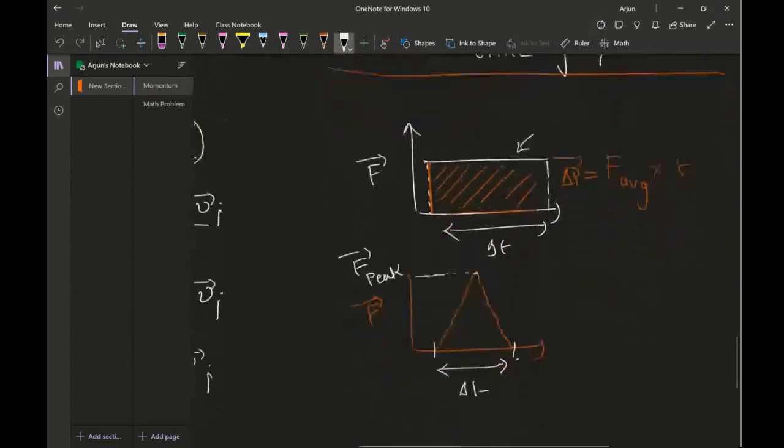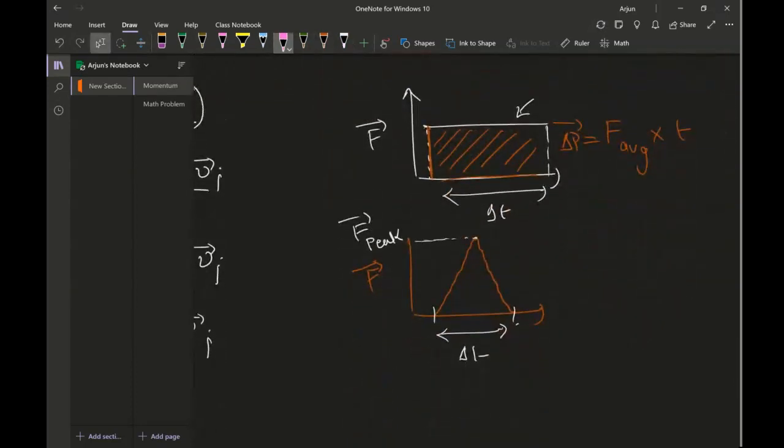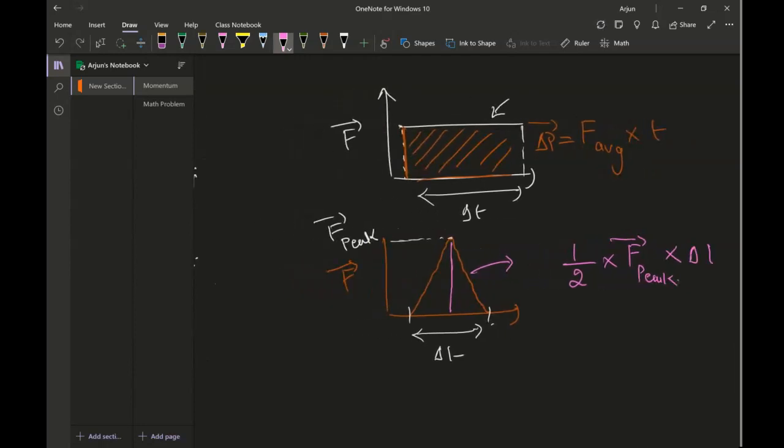According to this definition, this becomes a triangle. So for a triangle, the area is half times the height, which is F peak, the peak force, multiplied by the change in time. So this is the change in momentum.